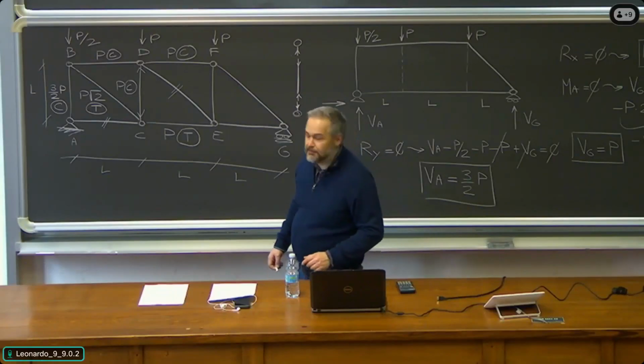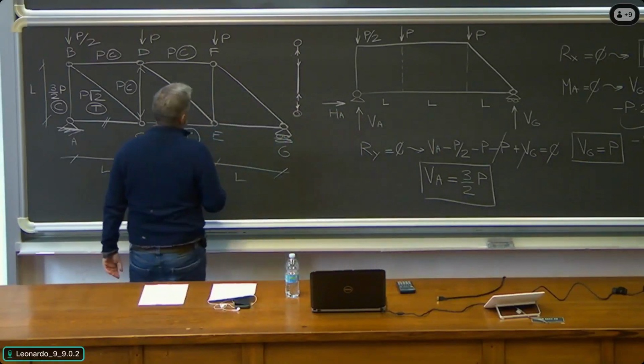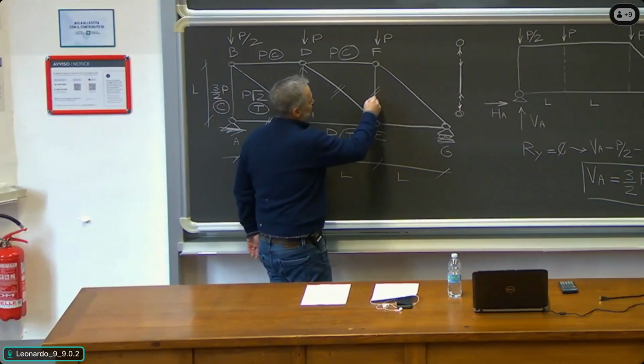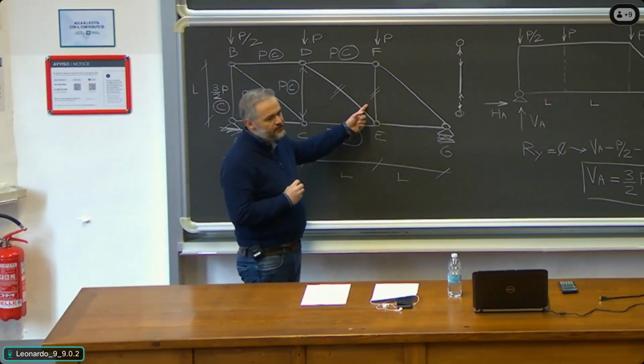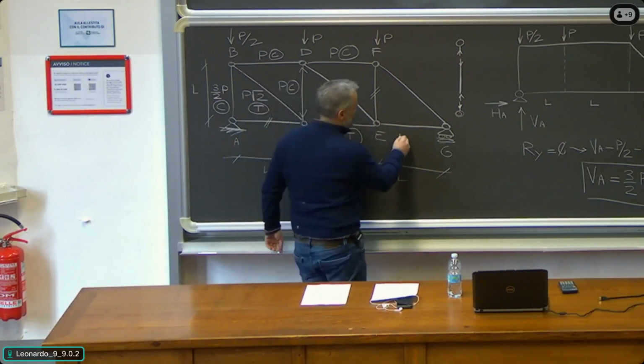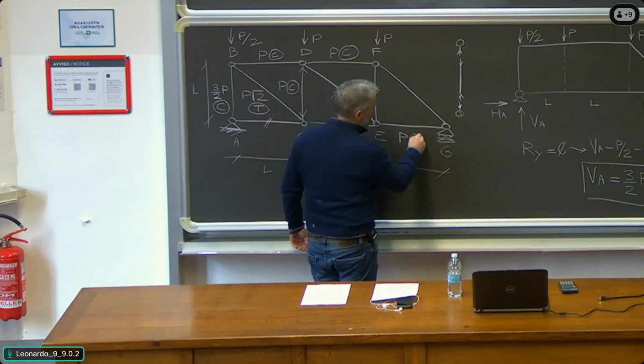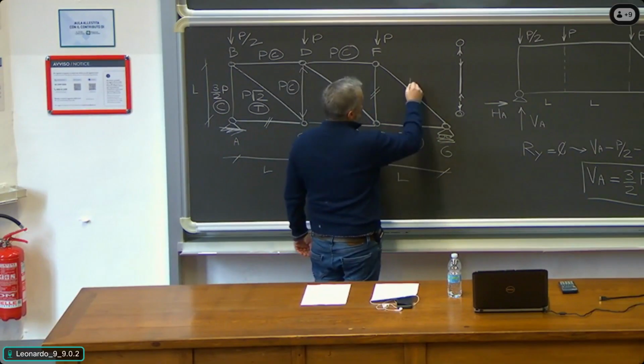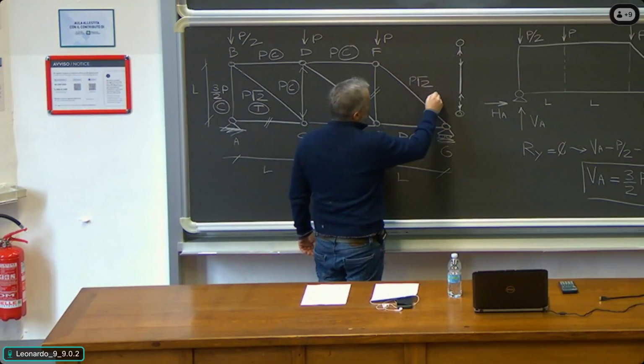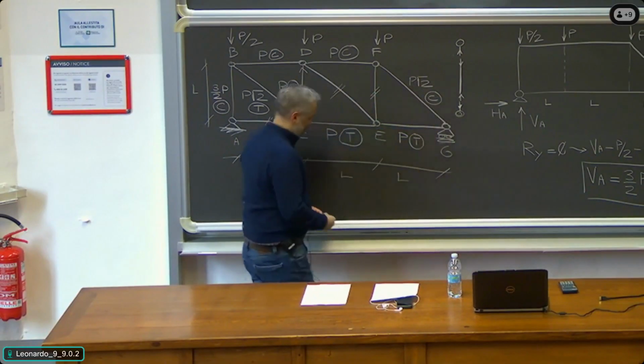So to complete this part, I need to mark my results here. 2 architectural ticks here on this vertical member because it's not loaded. Then we have P here, tension, and we have P square root of 2 here, compression.